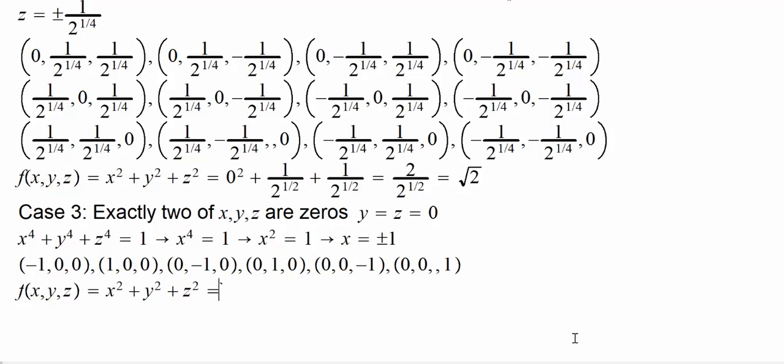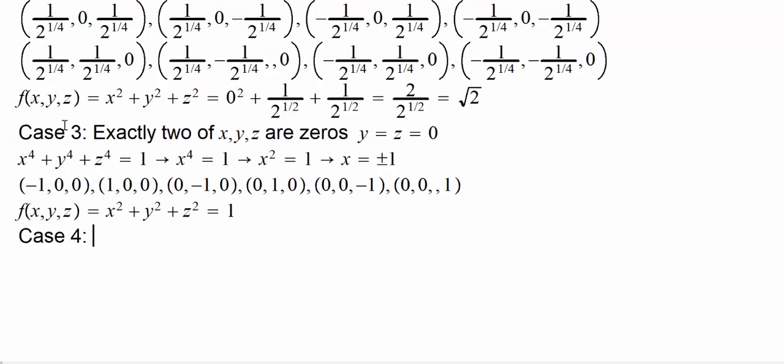Now let's move to the last case, and I did not take my cases in a very good order. I started with exactly 1 being 0, exactly 2 being 0, and I already ruled out that all three of them can be zeros. But anyways, we have one case left, that is none of them is 0.